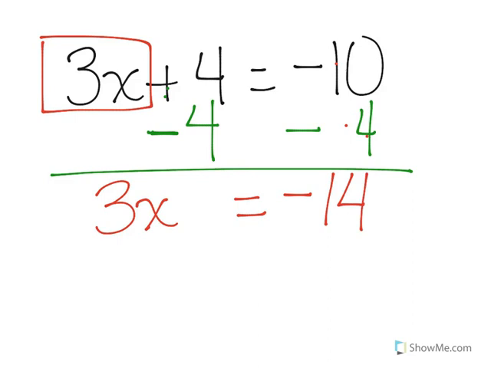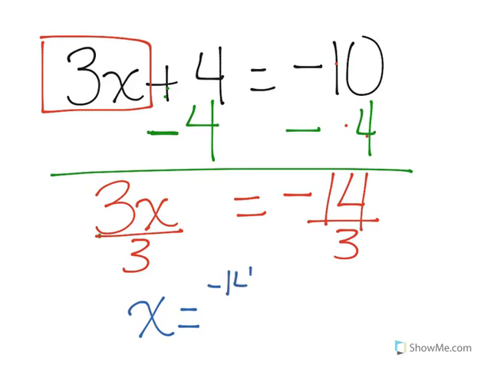Now, I still just want x by itself, so I have to do another step. It's multiplying by 3, so I'm going to divide by 3 on both sides. So x will equal negative 14 thirds.